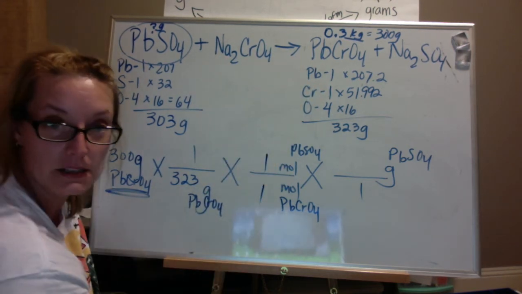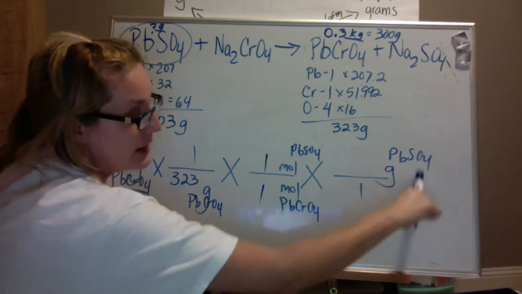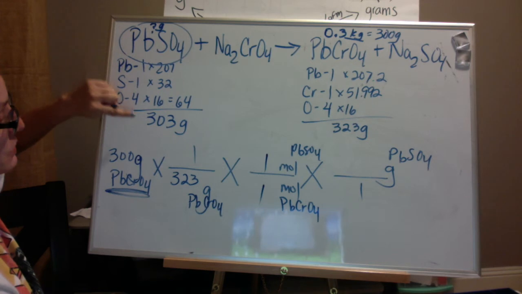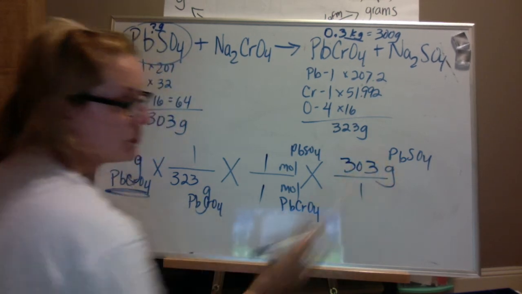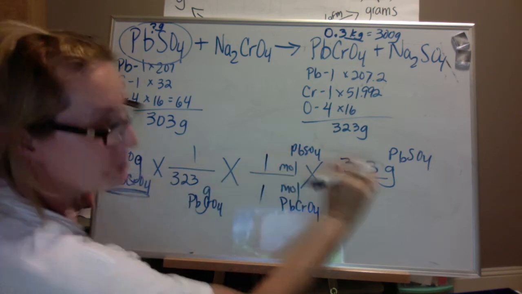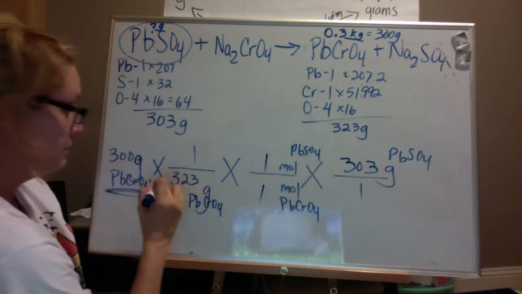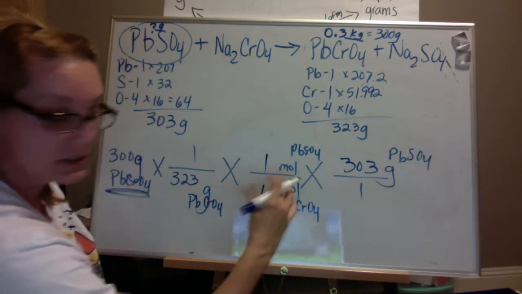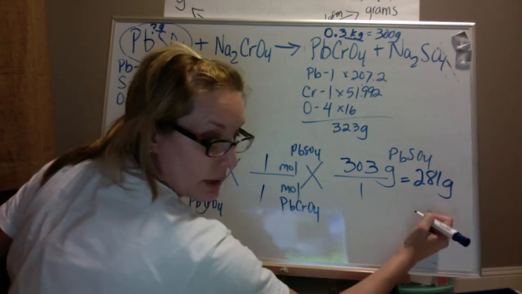That makes that an easy step, 1 over 1, just multiplying by 1. And then this is the mass for PbSO4, what I'm asked to go to. And this is what I calculated from the periodic table, 303. Now this is simple math, so I would multiply across and divide. And my final answer, you need to practice the math, is 281 grams of PbSO4.